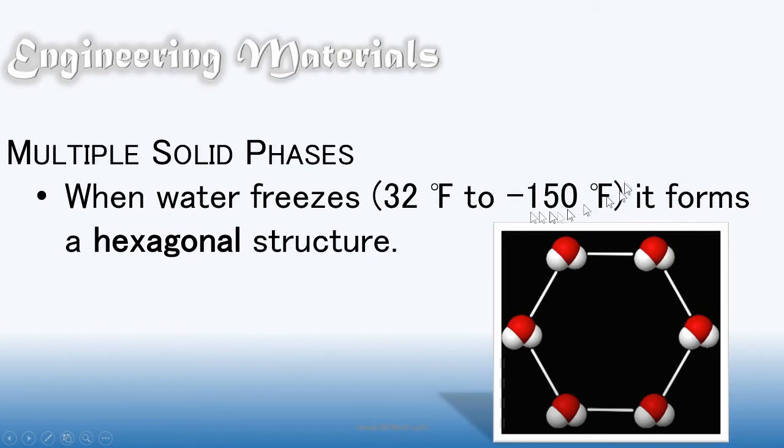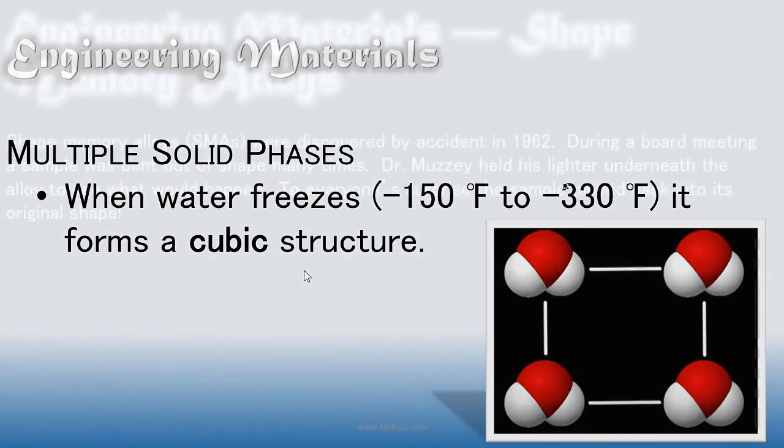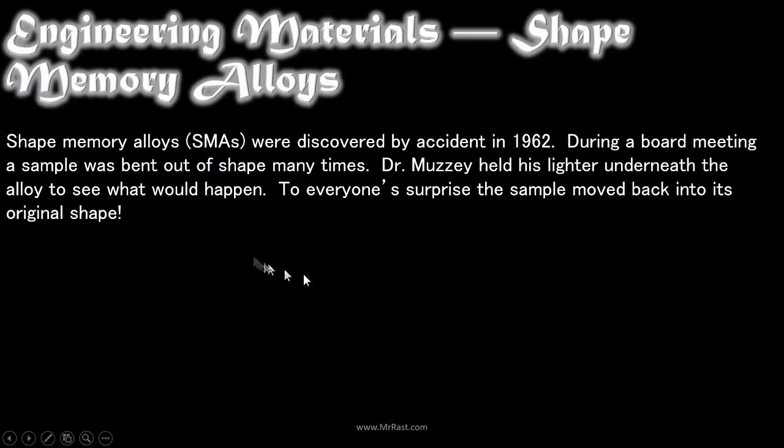This doesn't happen very often that we're exposed to, but the shape of water actually changes when it gets colder than that. From negative 350 degrees Fahrenheit to negative 330 degrees Fahrenheit, water in the solid form will create a cubic structure. So there are different phases in solids. By the way, with water, there's not much of a noticeable difference between these two phases. The densities are almost the same as well. But it does change shape.